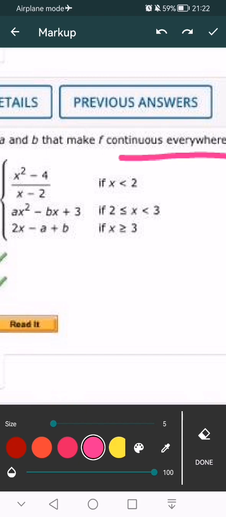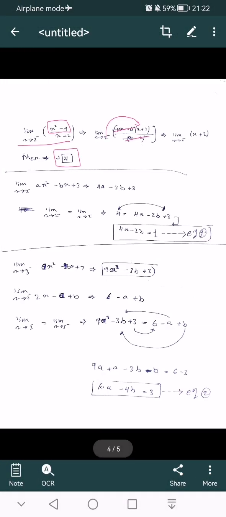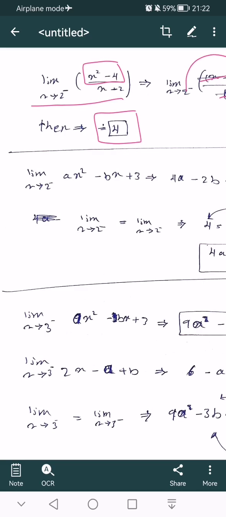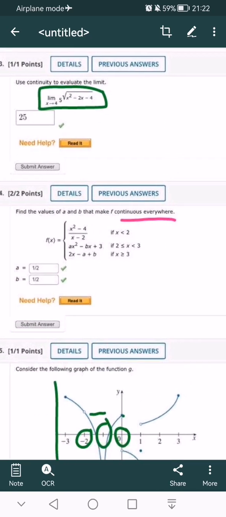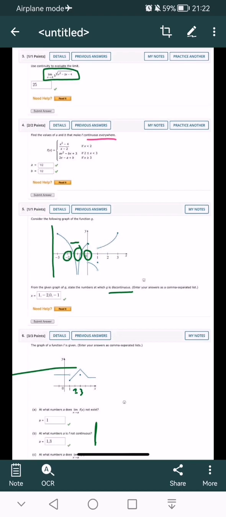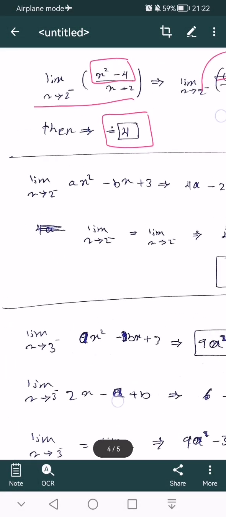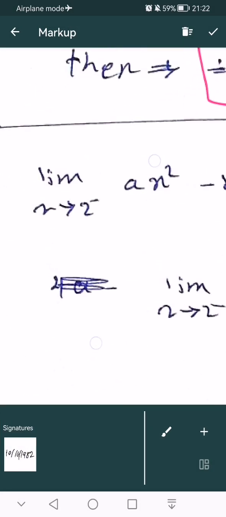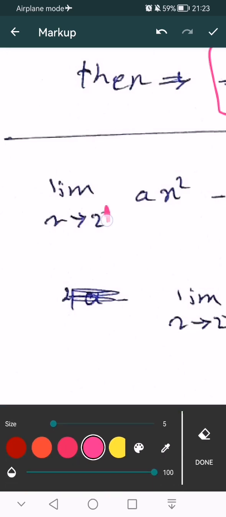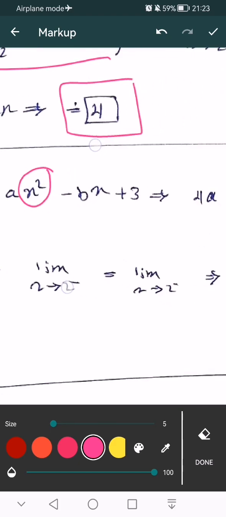They also say equal to 2, so I can substitute 2. So take the limit as x goes to 2, and substitute x equals 2 here.